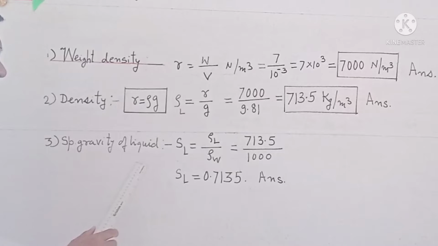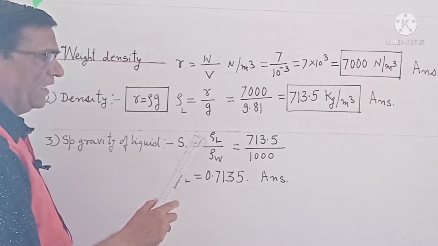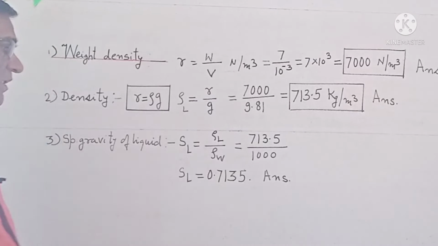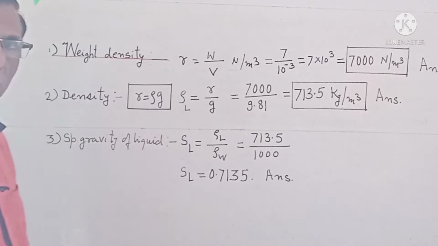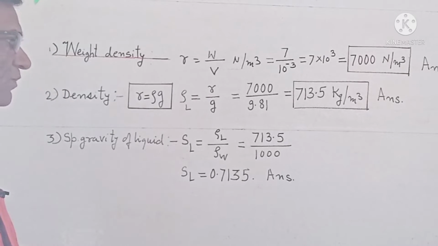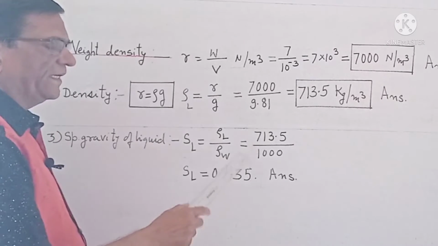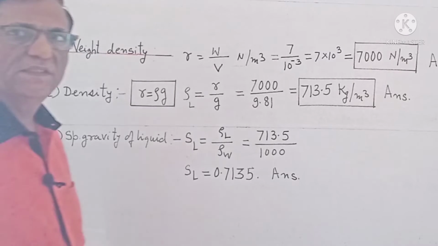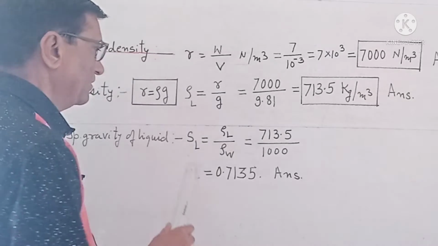And the third required thing is specific gravity of liquid. The specific gravity of liquid SL is equal to rho L upon rho W, where rho W is the mass density of water and that is equal to 10 raised to 3. That is the standard value at 1 atmospheric pressure and 4 degrees Celsius. That you have to remember.